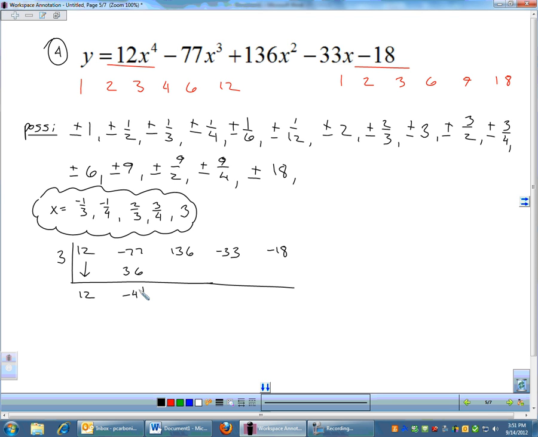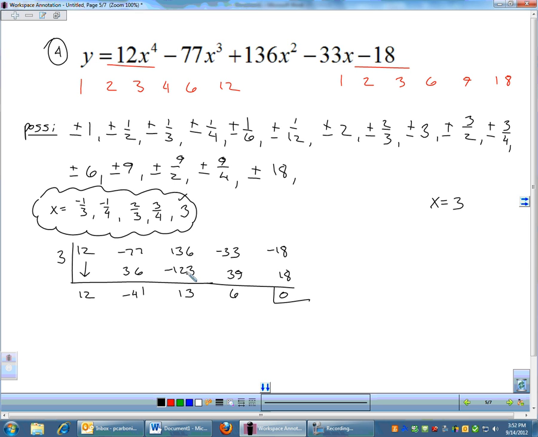That times 3 is -123. 136 minus 123 is 13. 3 times 13 is 39. -33 plus 39 is 6. 3 times 6 is 18. And I do get a remainder of 0, so that's good. That tells me that x equals 3 actually works. So I'm going to put x equals 3 as one of my solutions.